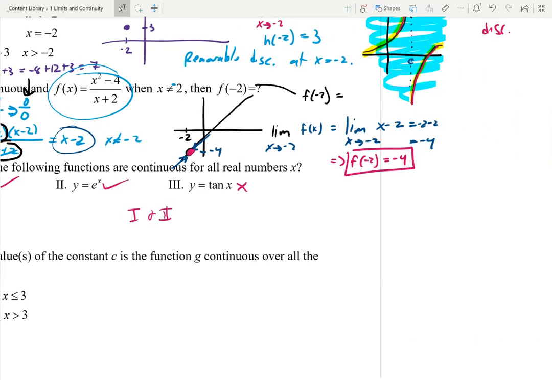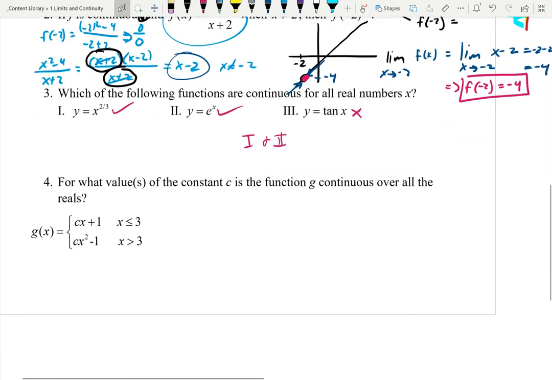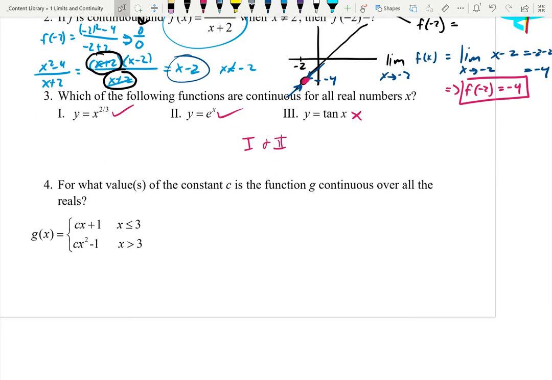All right. And then the last question here. Another piecewise function, we want to know what values of the constant c make the function g continuous over all the real numbers. All right, so what's happening here is when we are less than or equal to 3, we're equal to some line. Now, I don't know what the slope of that line is because I don't know what c is. I'm trying to find it.